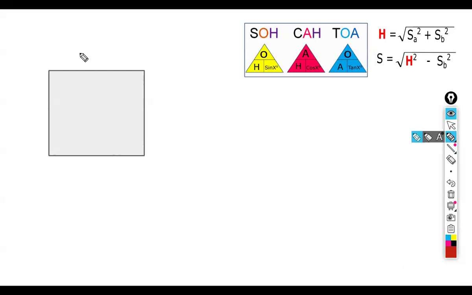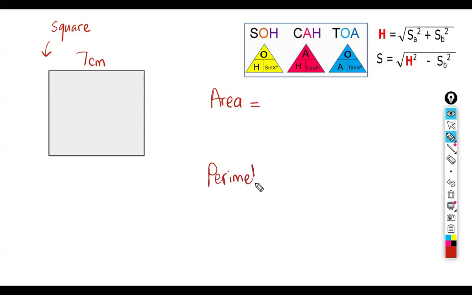Let's say you have a square where one side is 7 centimeters, and it's written somewhere in the question that it's a square. No one is supposed to get this wrong. I want you to find two things for me: the area of the square and the perimeter of the square. Easy stuff, but enjoy it while the questions are easy.